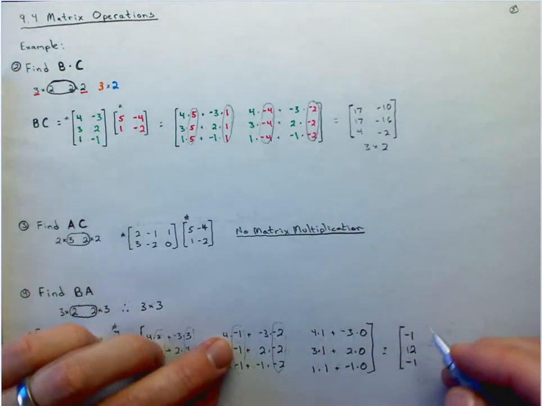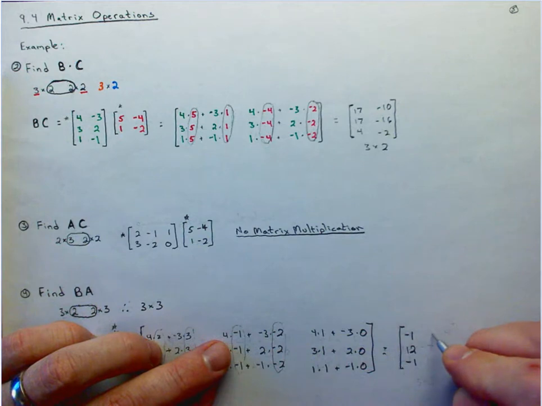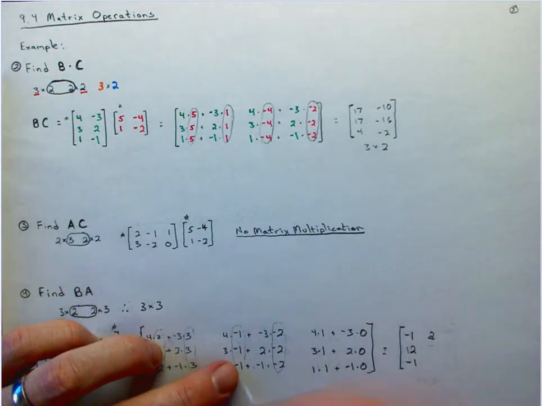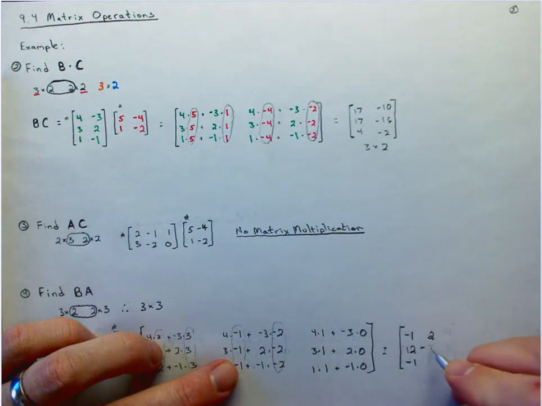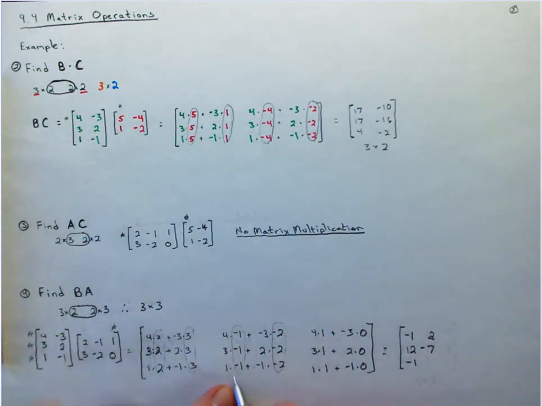Negative 4 plus 6 is 2. Negative 3 plus a negative 4 is a negative 7. Negative 1 plus 2 is 1. 4 plus 0 is 4. 3 plus 0 is 3. 1 plus 0 is 1. And it is a 3 by 3.